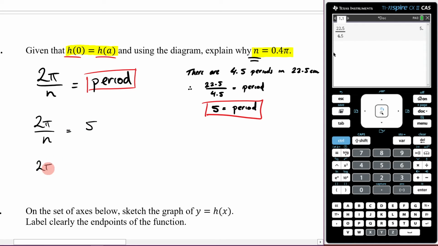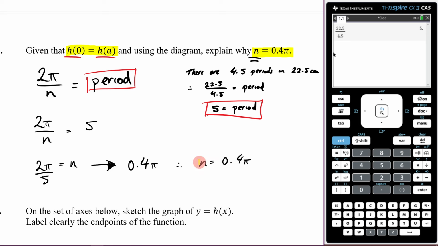So 2 pi on 5 is going to be equal to n. Did I say 9 before? I get my n's and 9's mixed up for some reason. And now, hopefully, when I go 2 pi over 5, it's going to give me 0.4. And I know that's true, 2 over 5 is 0.4. So that, therefore, n is equal to 0.4 pi.